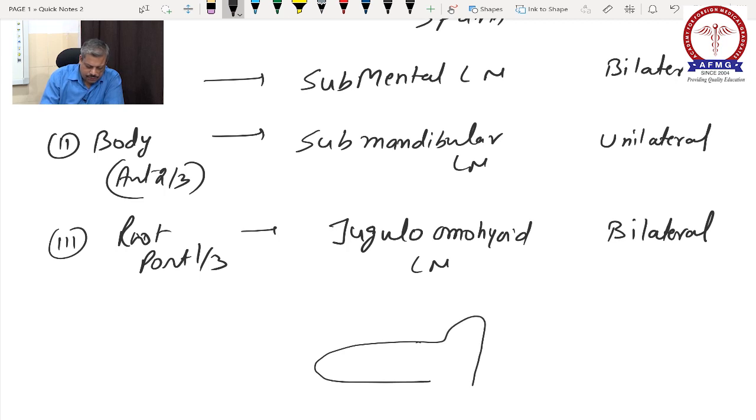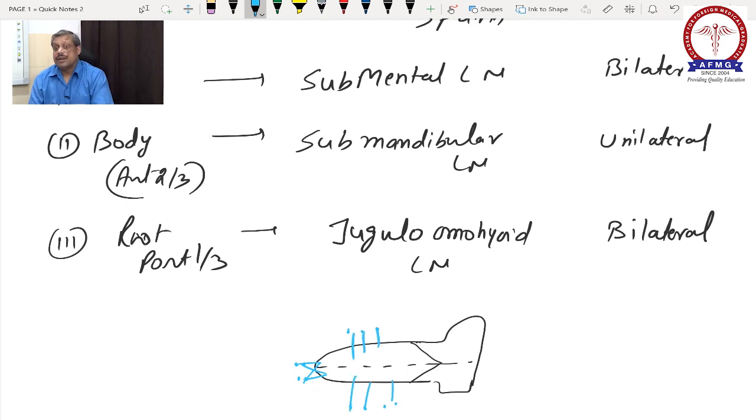This is the posterior 1/3 of the tongue. This is the sulcus terminalis. This is the midline. See, the tip of the tongue is drained by submental lymph nodes and the lymph crosses the midline. That is why it is a bilateral lymphatic drainage. The rest of the anterior 2/3, also known as the body, is drained by the submandibular lymph node and it is a unilateral lymphatic drainage because lymph does not cross the midline.